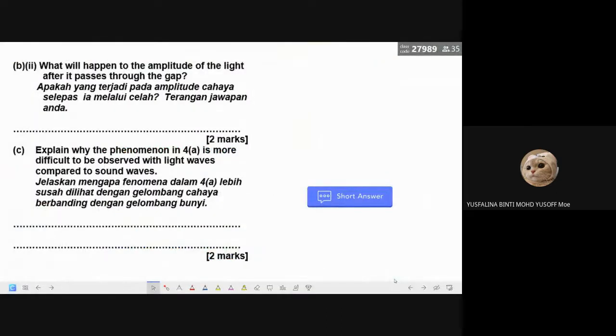Here, what will happen to the amplitude of the light after it passes through the gap? And for C, you have to explain why the phenomenon in 4A is more difficult to observe with light waves compared to sound waves.